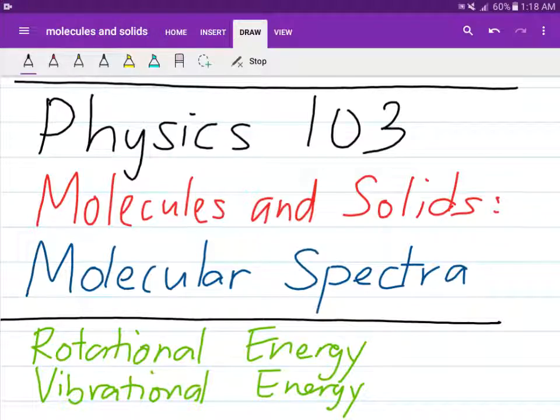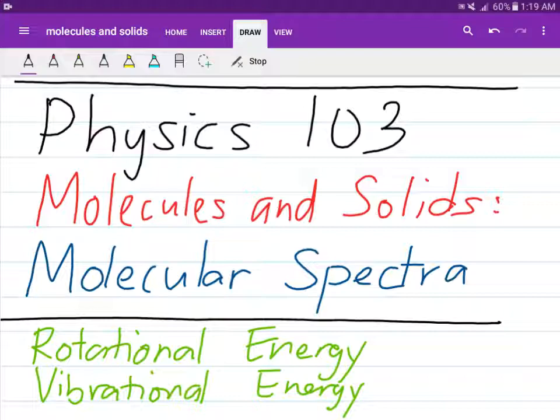The same thing happens with molecular spectra. If you pass light of all wavelengths to molecules instead of atoms, these molecules will give off discrete energies rather than a continuous spectrum of energy.